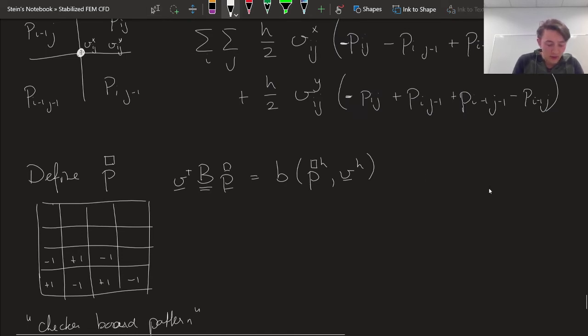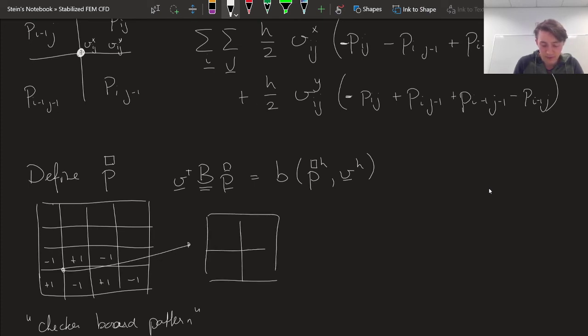So I'll focus on this node, right, because we're summing over all the different nodes now, over the i's and the j's. So that means that from this perspective, we have Pij, Pij minus 1, Pi minus 1, j minus 1, Pi minus 1, j as +1, -1, +1, -1.